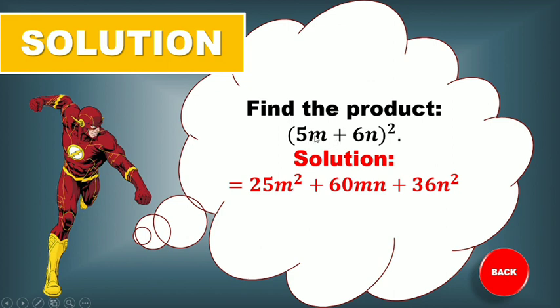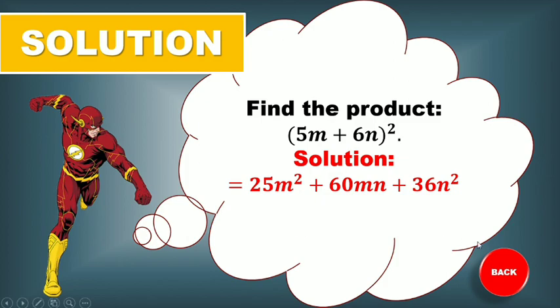So 5m times 6n is 30mn, times 2 is 60mn, and then plus the square of the second term. The square of 6n is 36n squared. So the answer for this task is the quantity 5m plus 6n squared equals 25m squared plus 60mn plus 36n squared. Now we have already accomplished the Flash's task.